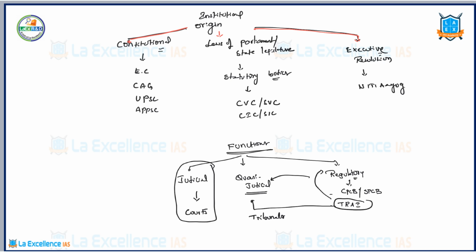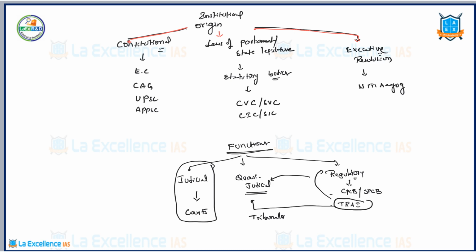With regard to division of powers, we have union, state, local governments, and then separation of powers. We have executive, legislature, and judiciary. With these three organs, we spoke about structure, functions, processes, and procedures, and then privileges of these institutions.